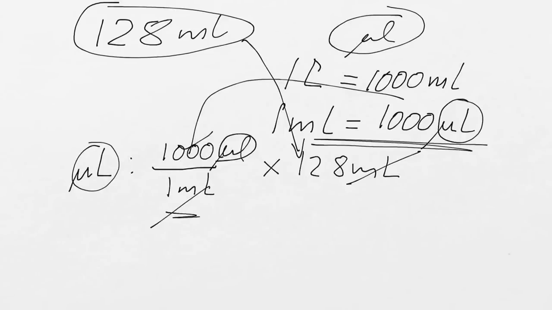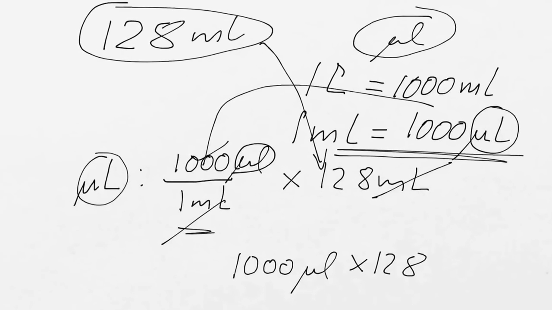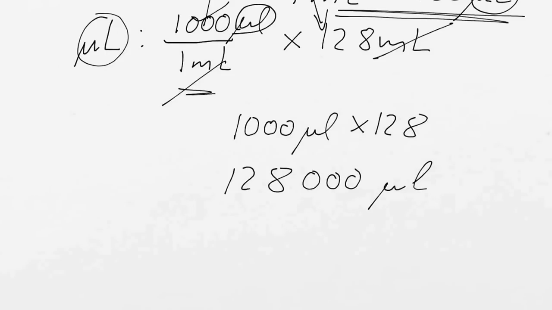Right? So all I have to do now is 1,000 microliter times 128. And that gives me 128,000 microliter. Yeah? And of course I can write this a little bit nicer. I can write this in a scientific way.